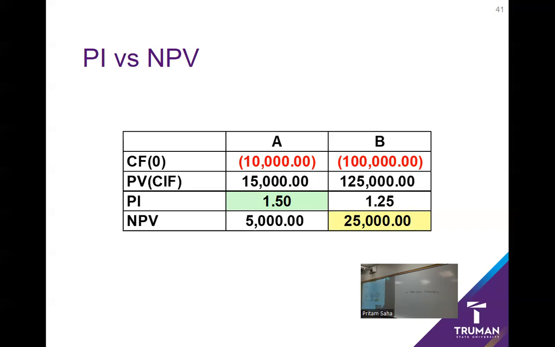But it ignores the absolute changes in wealth maximization. As a result, in mutually exclusive projects, it will end up with an incorrect decision. Make sense so far? Any questions about NPV, payback, discounted payback, IRR, modified IRR, or PI?